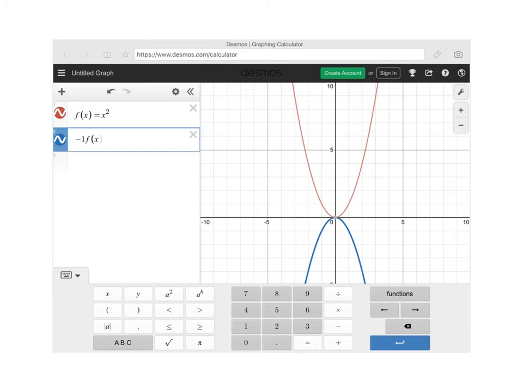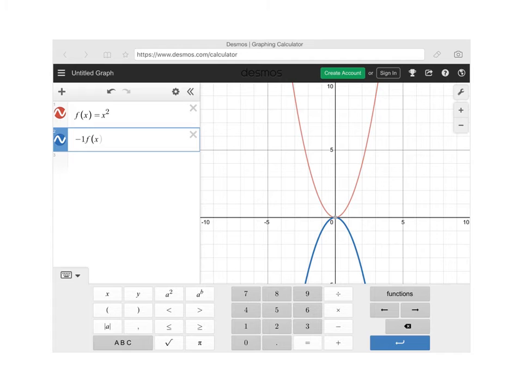So it just kind of flips over. We talked about that earlier, in the first note, about opens up or opens downward. The negative sign will just reflect it over the x-axis. What happened was I multiplied the output by -1.